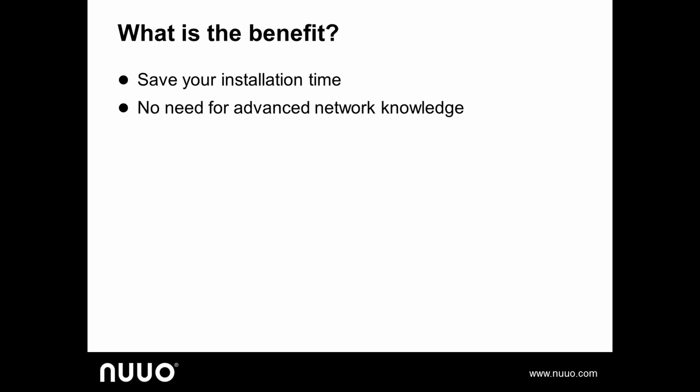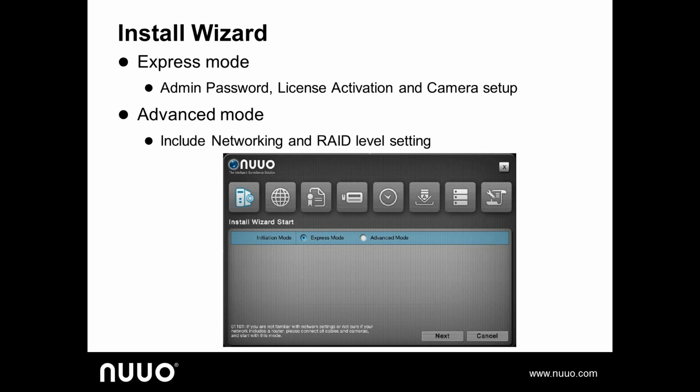So how do we use the one-click setup? First of all, you get NVRsolo. You use our NUUO installation wizard to find the device, and the wizard has two modes, which are express mode and advanced mode.